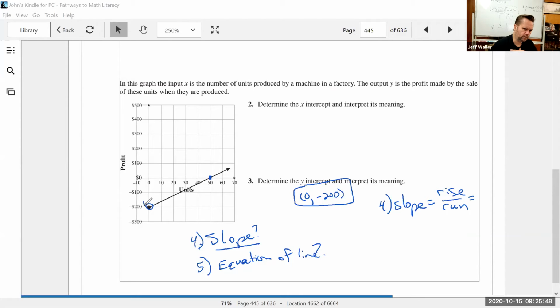So how much do I rise and how much do I run? How much do I rise? You rise 200, and I run 50. I like it. So if I reduce that, I'll get 4. What's that mean? They don't give me anything.